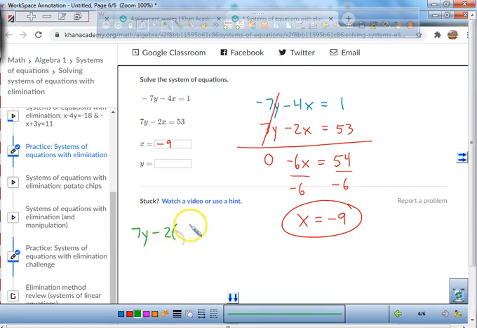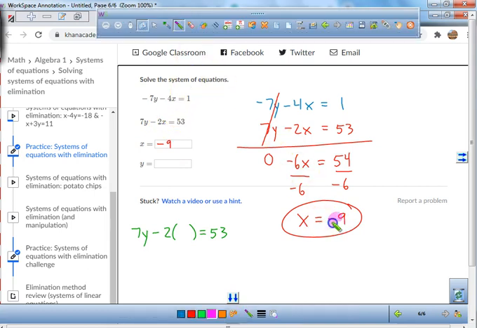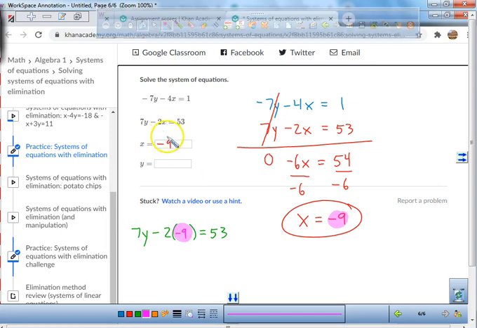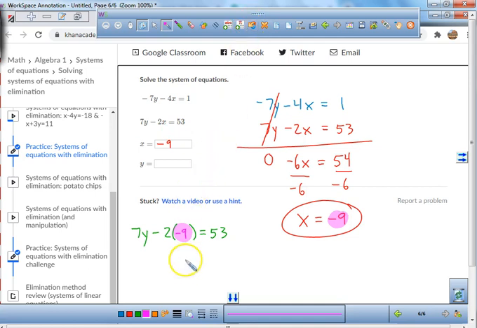So I'm going to write down the bottom equation, which is 7y minus 2x. But this time, instead of the value of y, what number am I going to plug in for x? A negative 9. So I'm plugging in negative 9 for my value of x, and now I'm going to solve for y. So here we go.